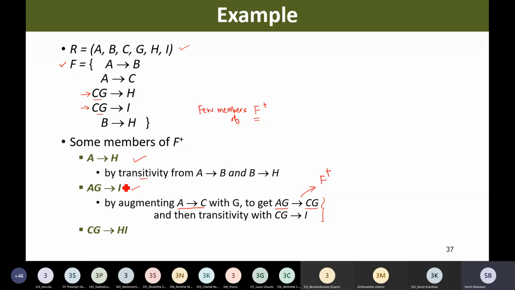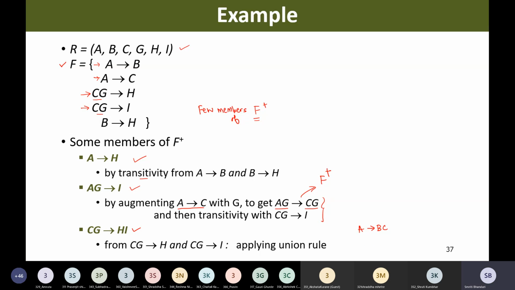The determinant of the functional dependency is the same, and that is why we may come up with CG to HI by union rule. So this we can add. Similarly, if we look at this A to B and A to C, once again, if we apply the union rule, what we may add is A to BC.